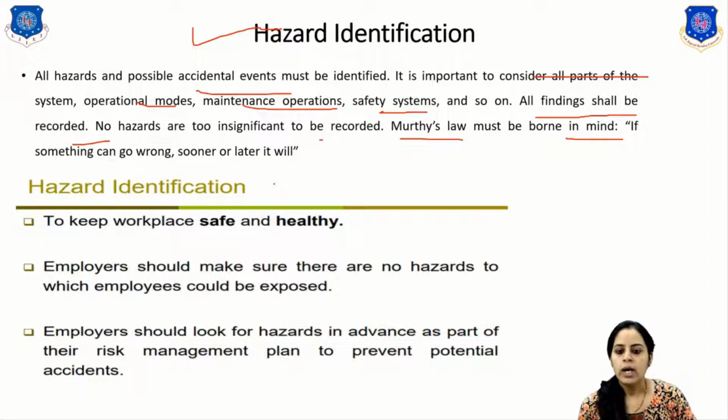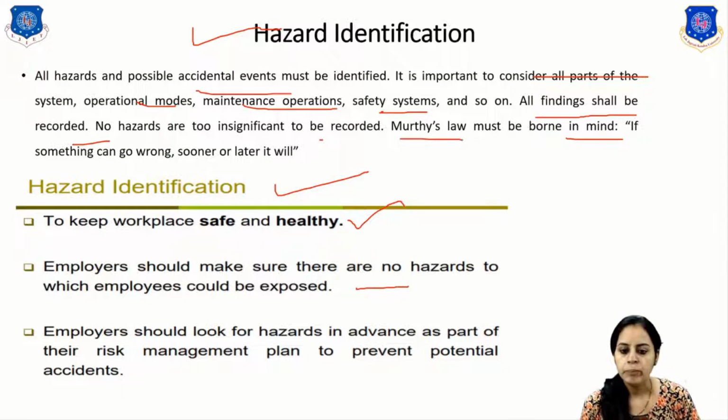Okay. Now hazard identification means keeping a workplace safe and healthy. The first one is the workplace, to keep a workplace safe and healthy. Then the employer should make sure that there are no hazards to which employees could be exposed, right? Then the employer should look for hazards in advance as a part of their risk management plan to prevent potential accidents.